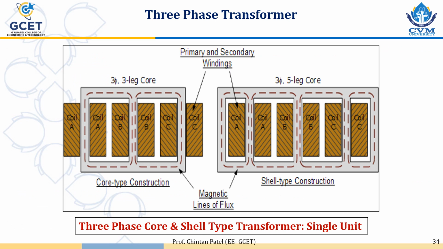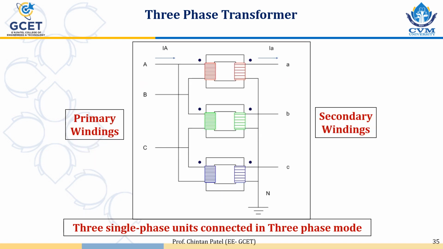So here construction is shown. You can see three phases: phase A, phase B and phase C. Core type transformer and shell type transformer, phase A, phase B, phase C. This is a three phase five leg core. There are five limbs or legs, and in core type there are three legs, so a three phase three leg transformer.